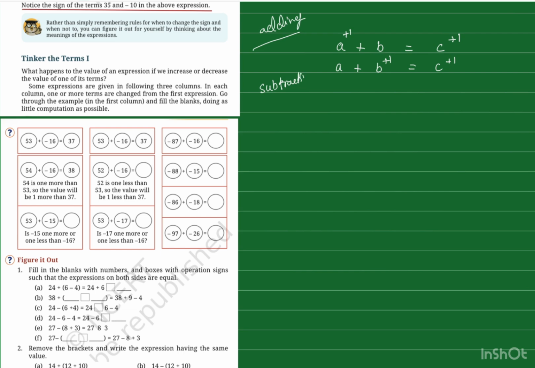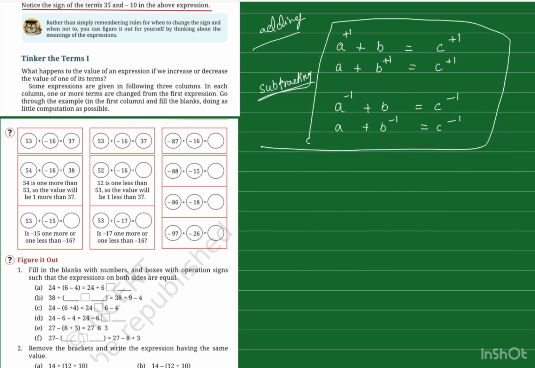For subtracting 1 from a, the answer will be c minus 1. If we subtract 1 from b, then the value is also reduced, c minus 1. So this is the result.